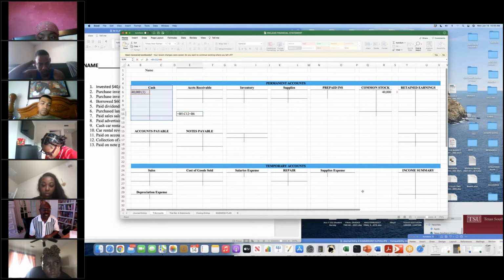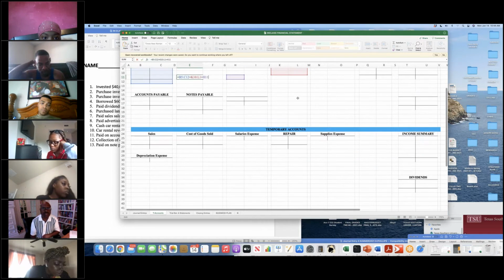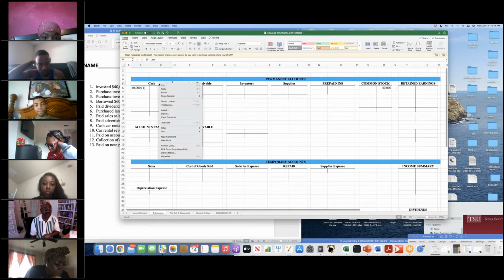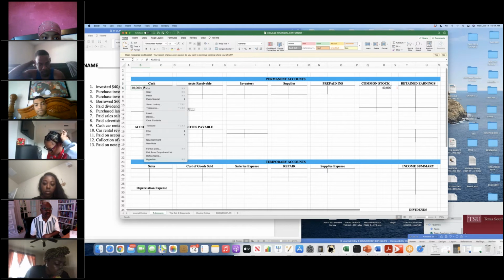What I'm going to do is see if I can create another cash account. Oh, it's acting up today. Finally, it lets me clear the contents.